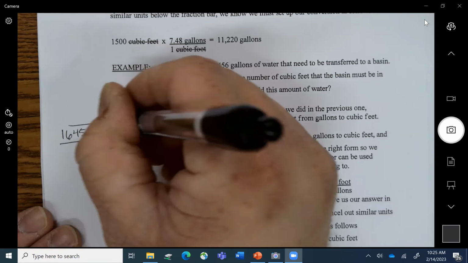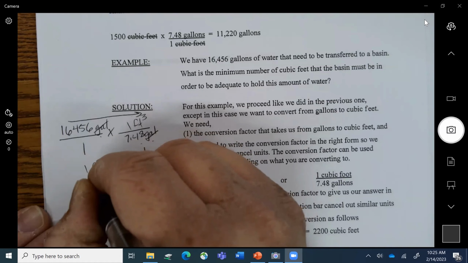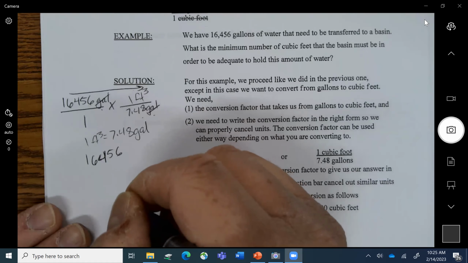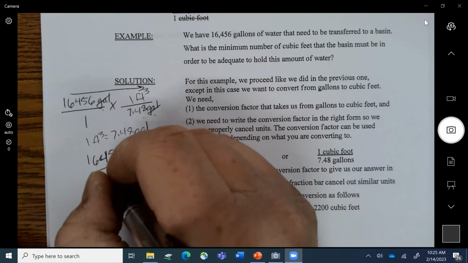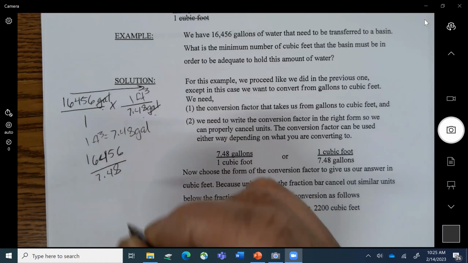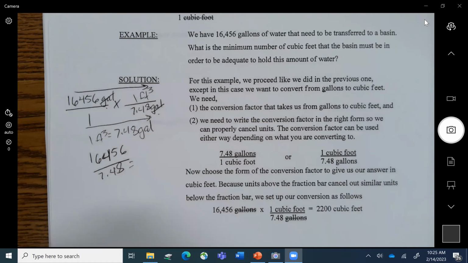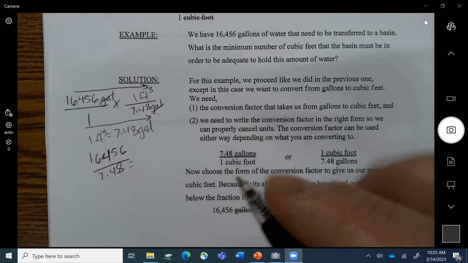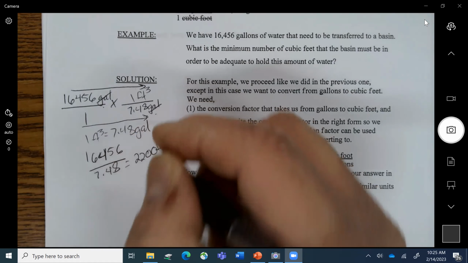So when I do the math this time, I got 16,456, now that got to be over 7.48 gallons, because 1 times 7.48 is 7.48. All right, and do the math here. 16,456 divided by 7.48 comes out to 2,200 cubic feet.